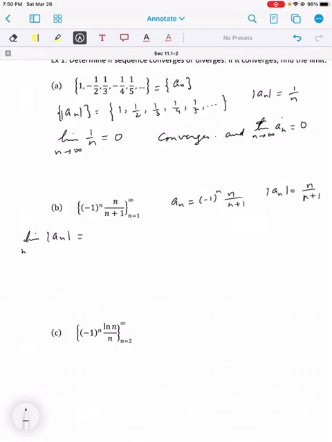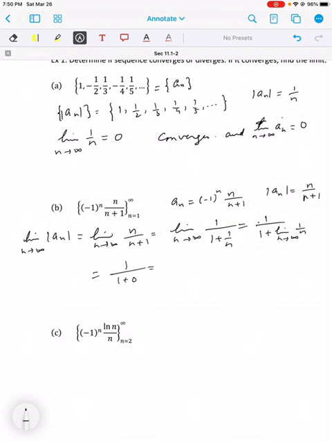So now we want the limit as n goes to infinity of n over n plus 1, which we know is going to be 1, because remember how I explained, you divide by n, top and bottom, and this is going to give you 1 over 1 plus the limit as n goes to infinity of 1 over n, which means 1 over 1 plus 0, or 1. So because this is not equal to 0, the sequence diverges.